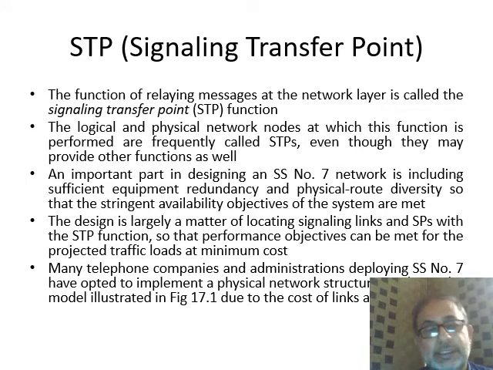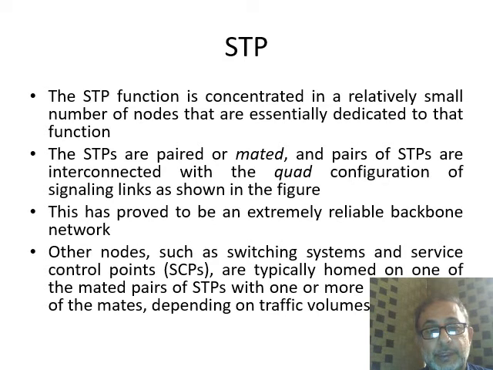Now, as I told you, the actual function of the signaling transfer point is to relay the information related to other signaling points, while also doing its own work of signaling for its own exchanges. The signaling transfer function is concentrated in a relatively small number of nodes.